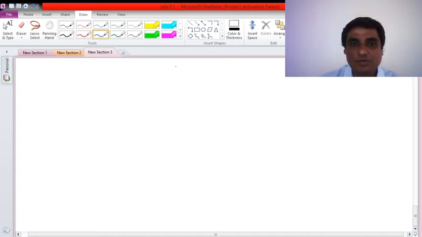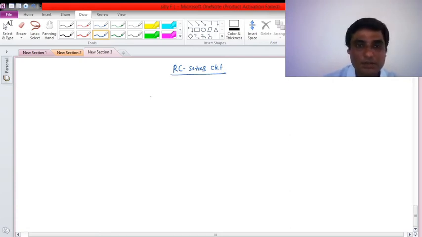So suppose I take a series RC circuit, and we'll see how we can solve it mathematically. Suppose my circuit is like this, switching through series RC.